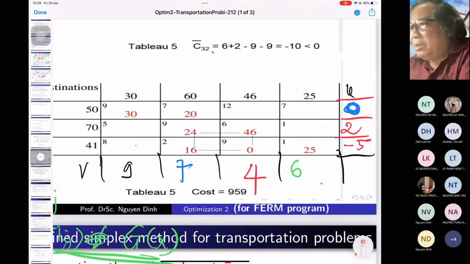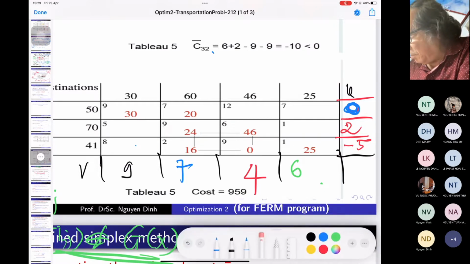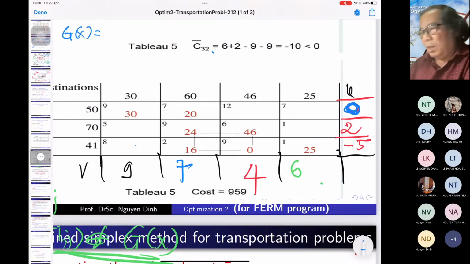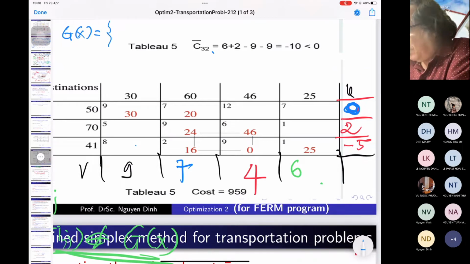First of all, we have to write down and establish Gx. You can write it in some way that the computer understands that Gx is this. Gx equals what?